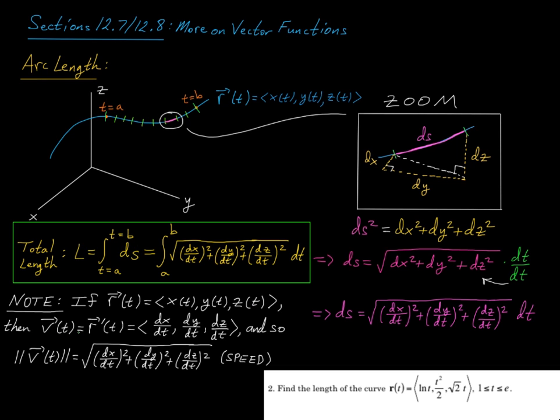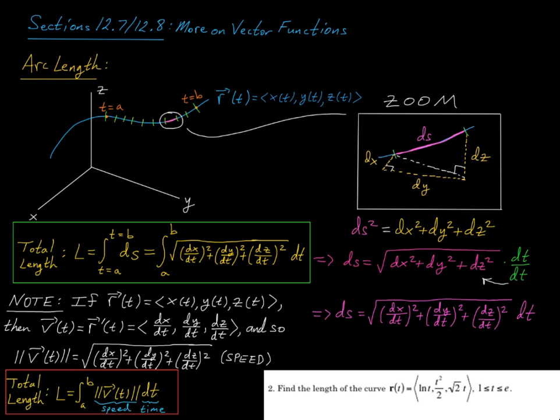Now if you look at the velocity vector, that's where you just differentiate component-wise. The components of the velocity vector are dx/dt, dy/dt, and dz/dt. So if I take the magnitude of the velocity vector, in other words, if I look at the speed of our particle that's moving along our path, that's the square root of the sum of the squares of these derivatives.